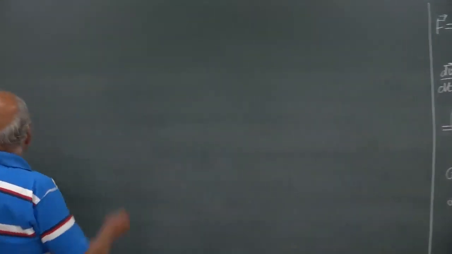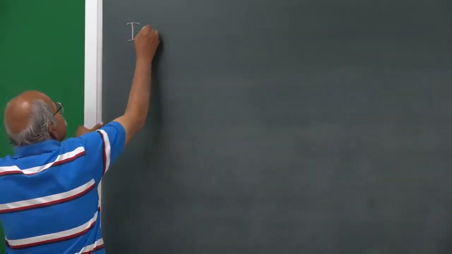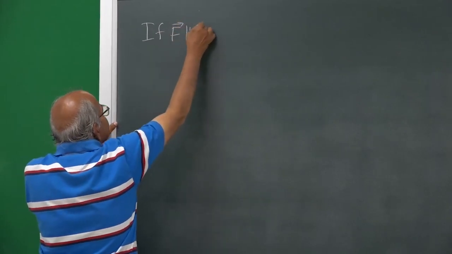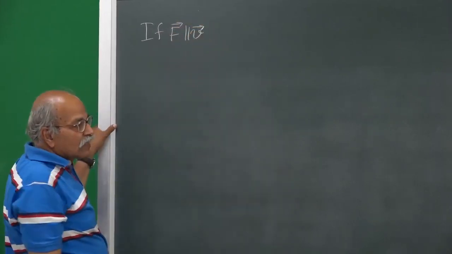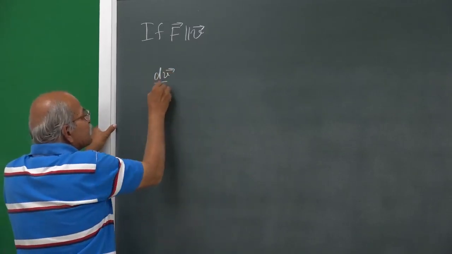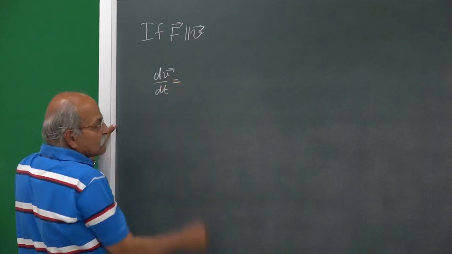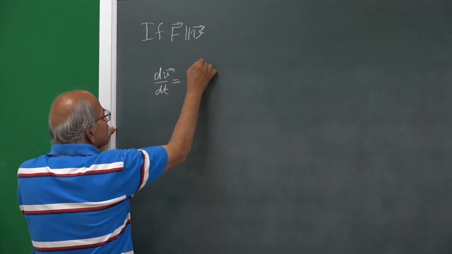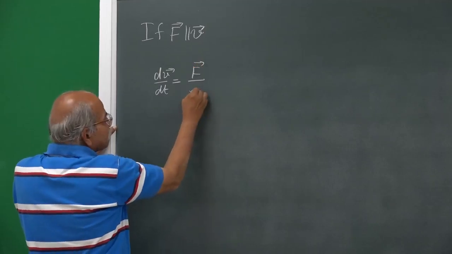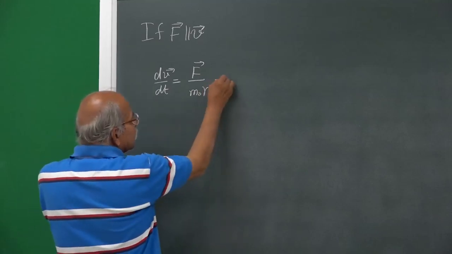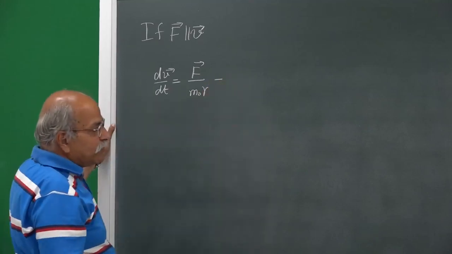So, if force is parallel to the velocity, then your dv dt is given by f over m naught gamma, minus this is f dot v.